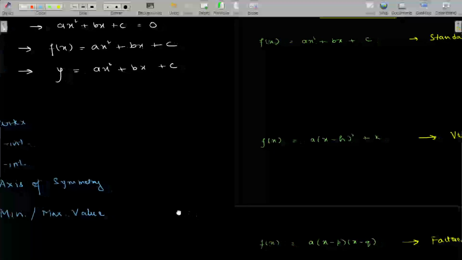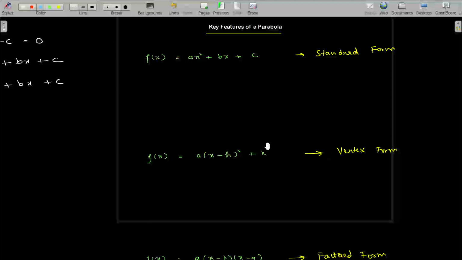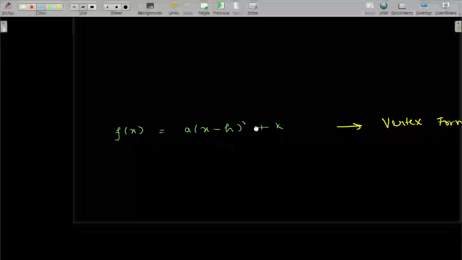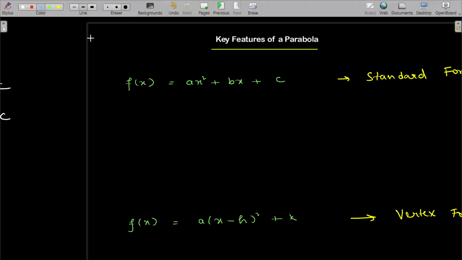Now the equation can be given to us in any of these 3 forms. So we will see how to find the features if the equation is in standard form, vertex form, or factored form. First, if the equation is in standard form, let's change the color.